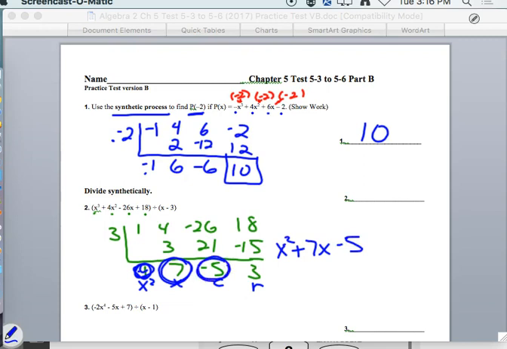And then we have to write our remainder properly, and that means we're going to write plus 3 over what the divisor was. And the divisor was x minus 3. So in this little bitty blank here, we would write x squared plus 7x minus 5 plus 3 over x minus 3. And that would be the correct answer for dividing that synthetically.